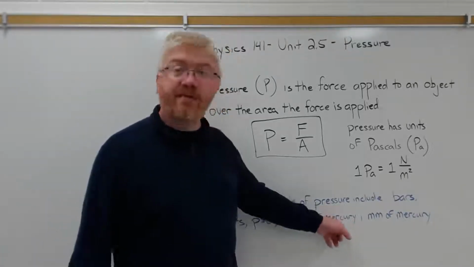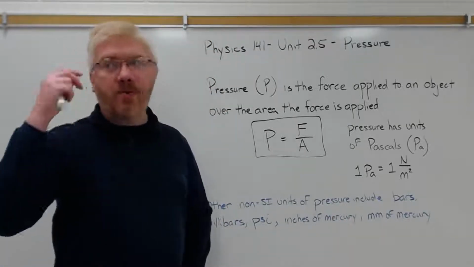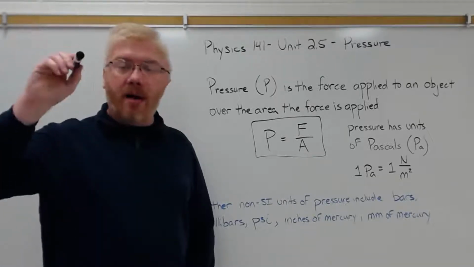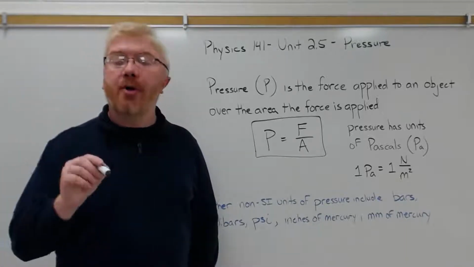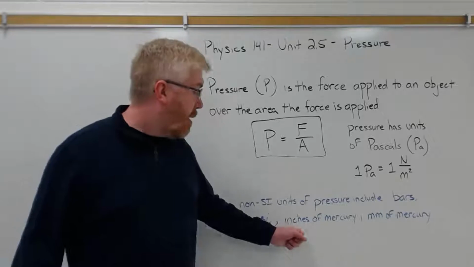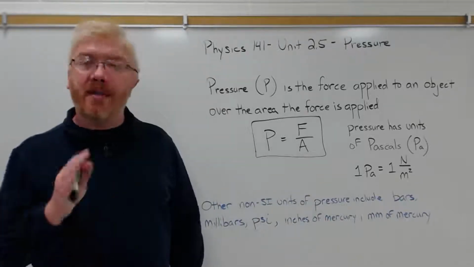You might have heard inches of mercury. If you have one of those old school weather stations in your house, where you have a barometer, which measures pressure, a temperature gauge, and a humidity gauge, you'll notice that the barometer is typically labeled in inches of mercury, where 30 inches of mercury is pretty average.